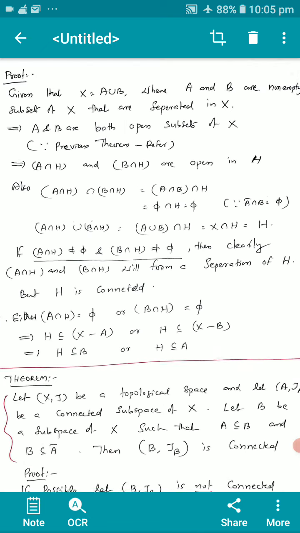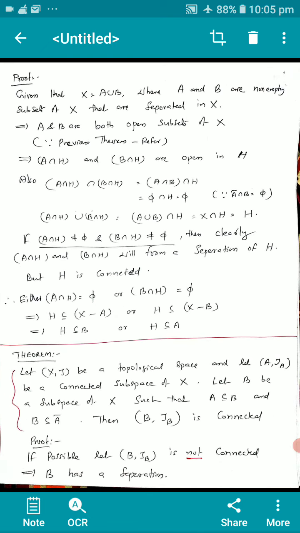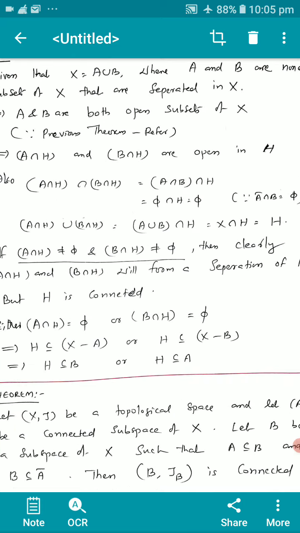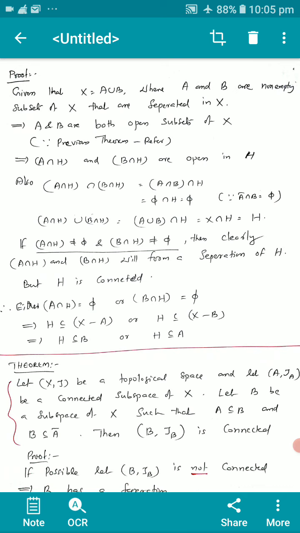Proof we can discuss. What is given: X equals A union B, where A and B are non-empty subsets of X that are separated in X. Then what do you get? It implies A and B are both open subsets of X, because of the definition of separation, and we can use the previous theorem that we proved in the last class.